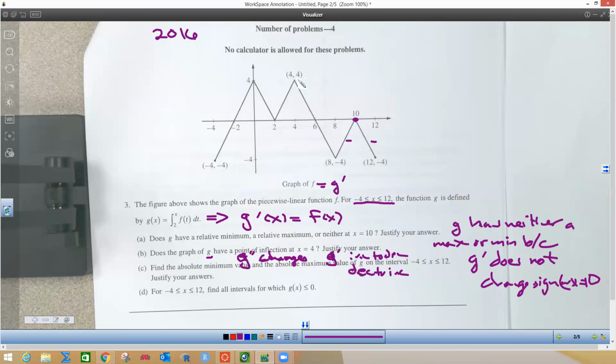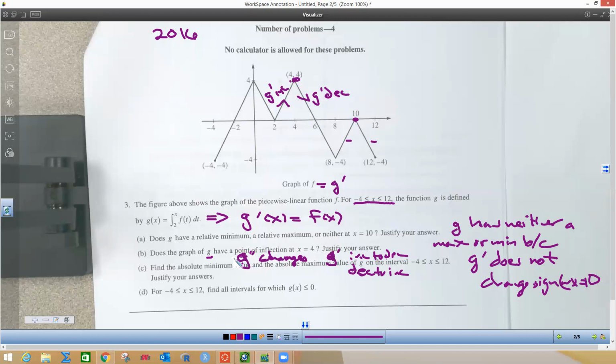So I'm going to go to x equals 4, which is here. If I look, G prime is increasing here, and on this side G prime is decreasing, going up to going down.